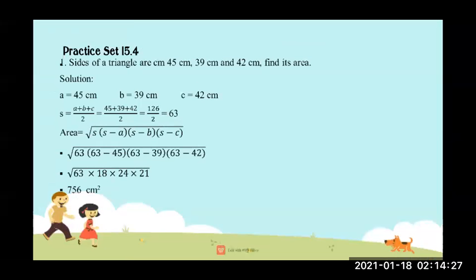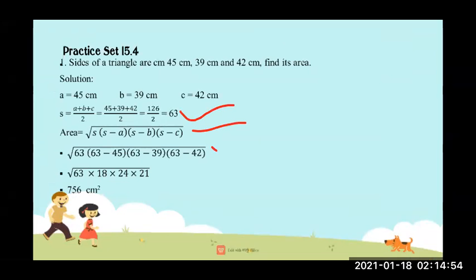So as we got the semi-perimeter, that is 63, we have to use Heron's formula, that is area equals square root of S times (S minus a) times (S minus b) times (S minus c). Now we have to put the value of S as well as the values of a, b and c.